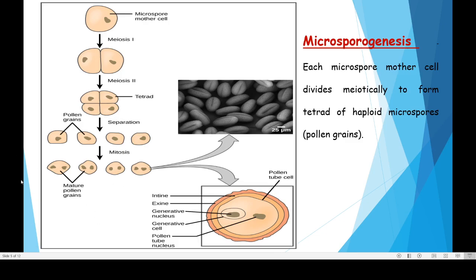Here you can see 4 pollen grains are shown. So each microspore mother cell divides meiotically and forms a tetrad. Tetrad, 4 cells are there. Tetrad of haploid microspores, or it forms pollen grain. This structure that you can see is a pollen grain.